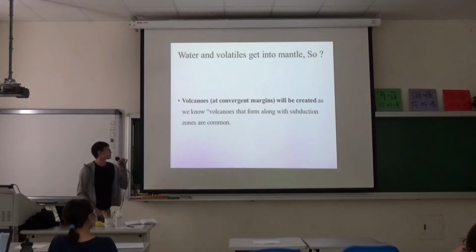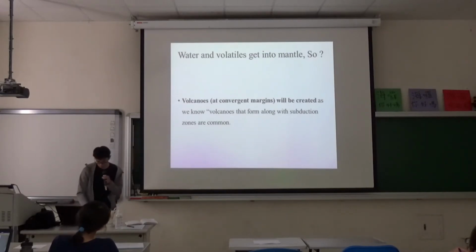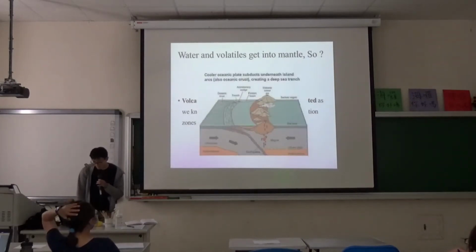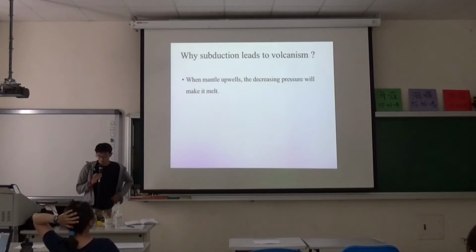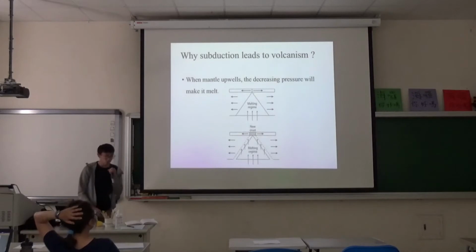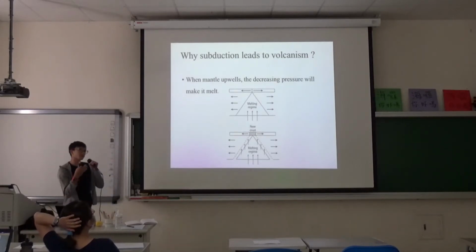As we know, volcanoes forming along subduction zones are quite common. When the mantle upwells, the decreasing pressure will make it melt, like what we talked about last week.